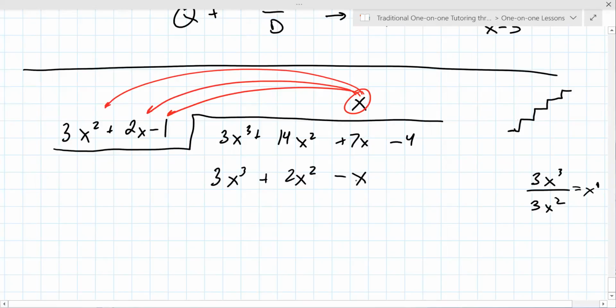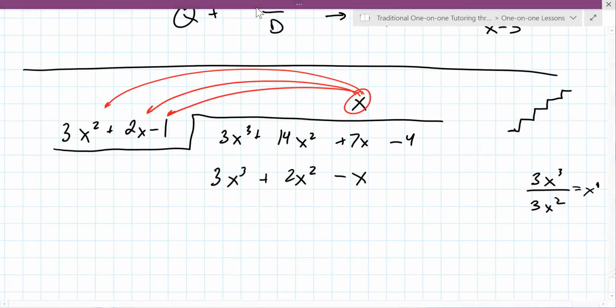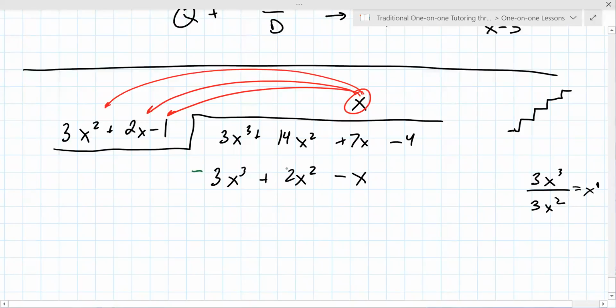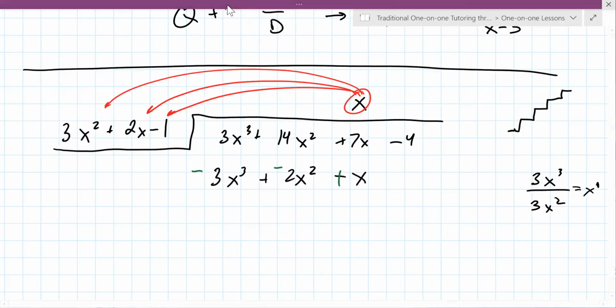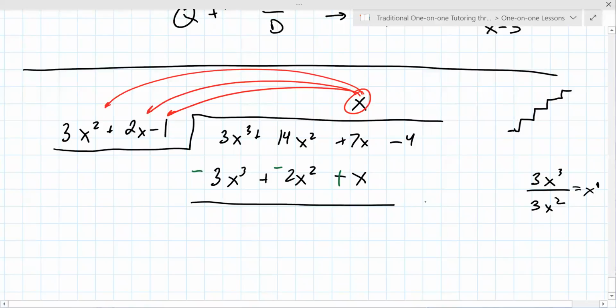That's okay, it's the same set of steps. But now you have to change the sign of everything, minus, plus. Then you add them together. So this is 0, 12x squared plus 8x, then bring this down minus 4.